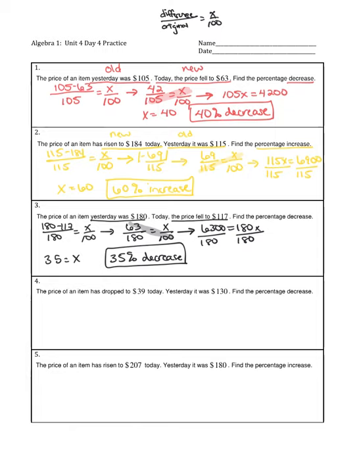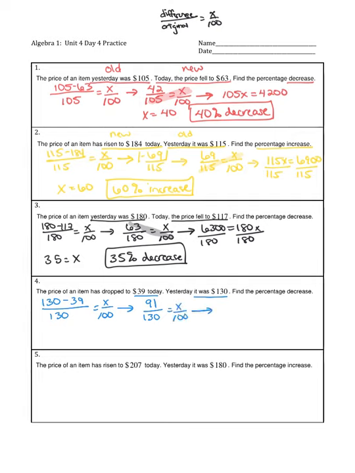Alrighty. Price of an item has dropped to $39 today. Yesterday it was $130. That's a nice drop, and I want to go shop at that store. 130 minus 39 over 130, because $130 was the original price, equals x over 100. 130 minus 39, 91 over 130 equals x over 100.